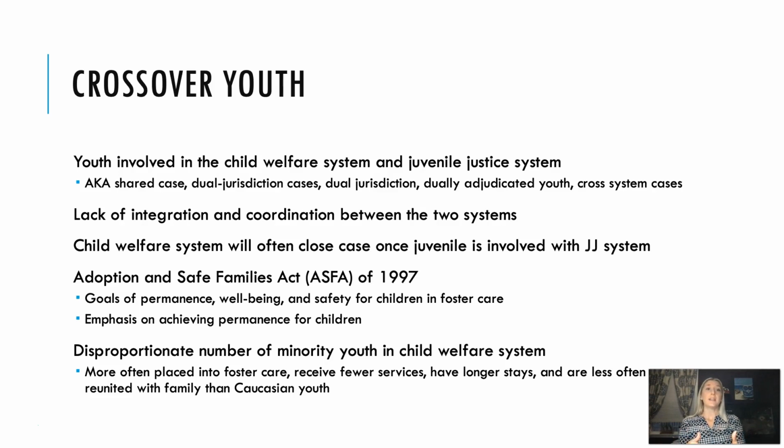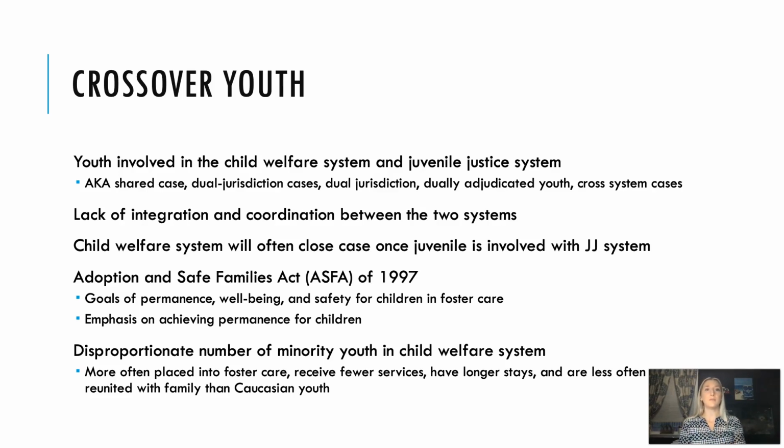So then in 1997, we have this Adoption and Safe Families Act, which said that we have to have goals of permanence for youth who are in foster care. We want to look at protecting their well-being and also their safety. So there was an emphasis on achieving permanence for children. Unfortunately, there is a disproportionate number of minority youth in the child welfare system.